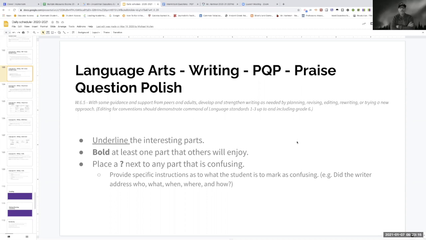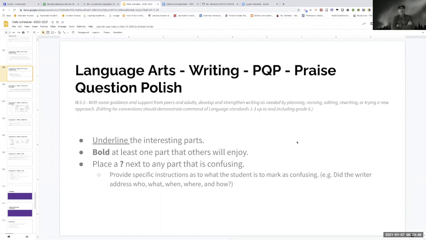So praise, question, polish is just simply a strategy for us to use with our partners to give them that feedback. This particular strategy consists of 3 parts. The first is to underline what you feel are the interesting parts that stand out to you. You want to bold the parts that you think others will enjoy or that you feel are well written.